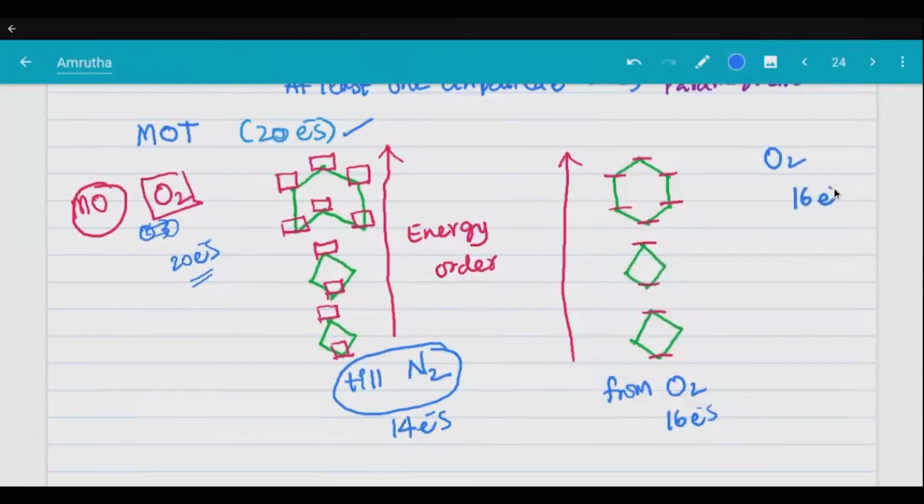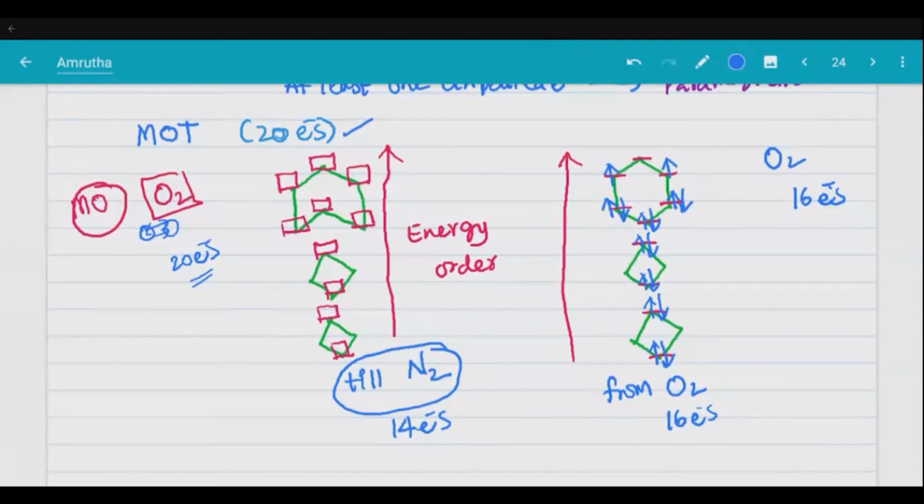Oxygen means 16 electrons. First we fill the lower energy orbitals: 1, 2. Count with me. 3, 4, 5, 6, 7, 8, 9, 10, 11, 12, 13, 14, 15, 16.